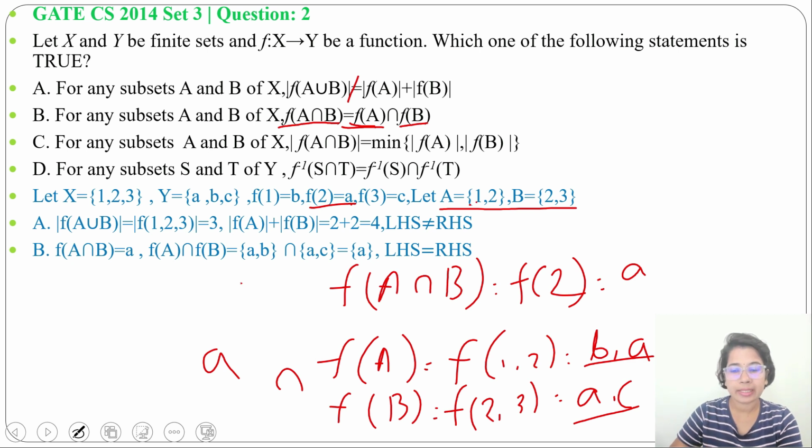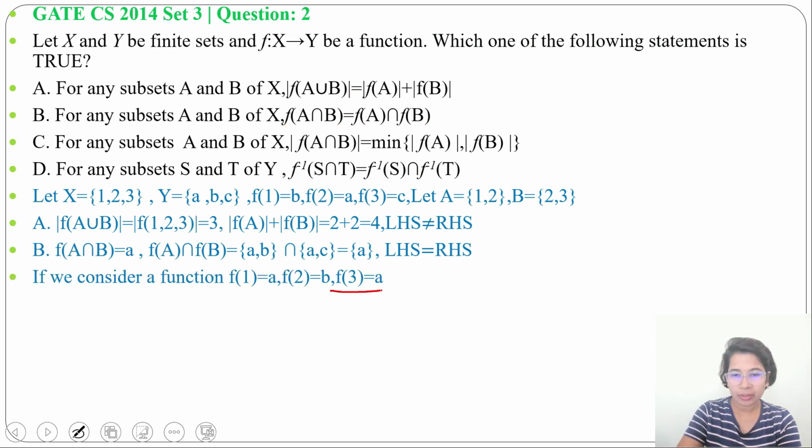According to this example, f(A ∩ B) is equal to f(A) ∩ f(B). Let me take a different example and check whether both are the same or not. Here I am considering a function where f(1) and f(3) both map to A, and f(2) maps to B. In the question, it's not written which type of function, it's just written function, so you can take any example.